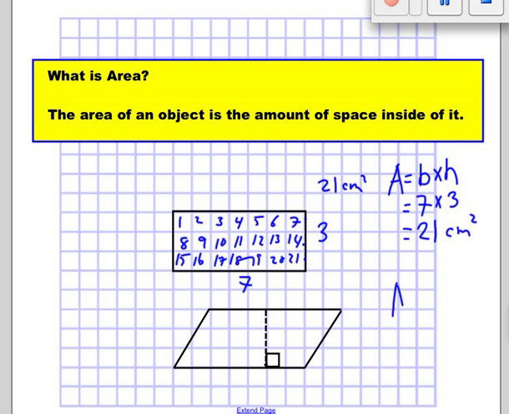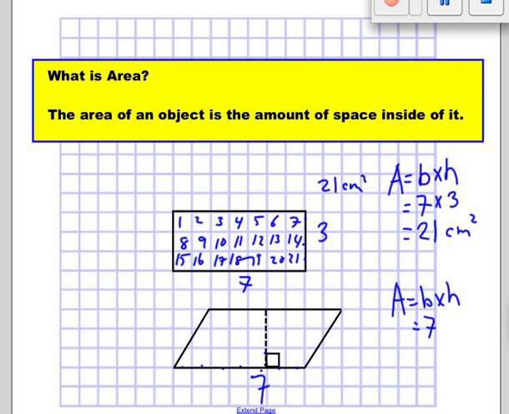The same can be said for my other shape on this page. If I count across the bottom, I look at how many line segments are being covered up by the line. So there's 1 square, 2, 3, 4, 5, 6, 7. So my base is 7.